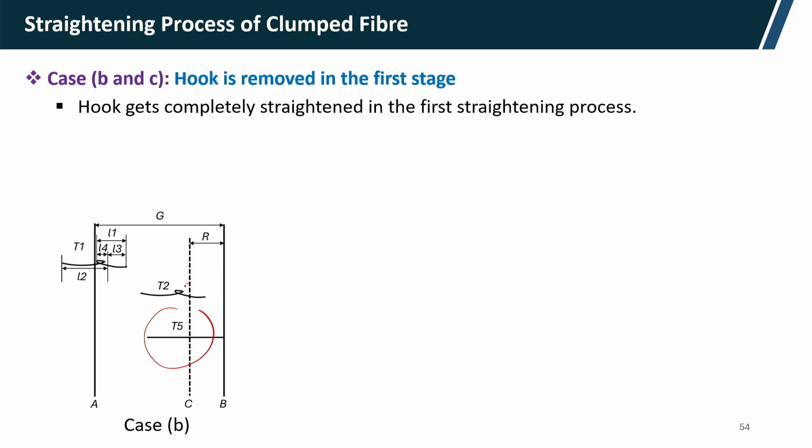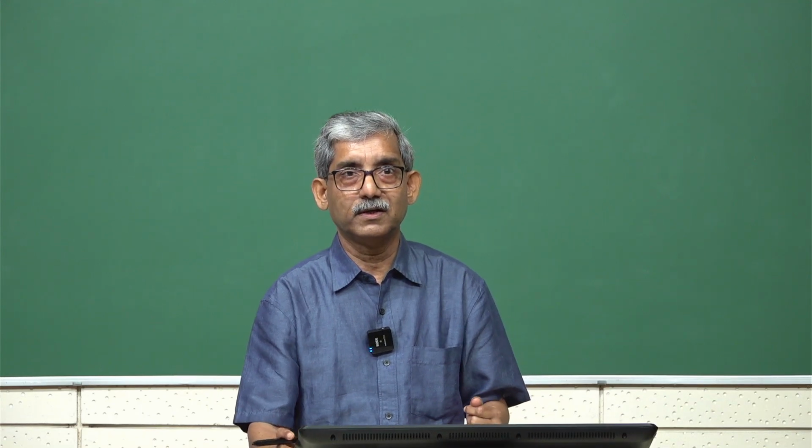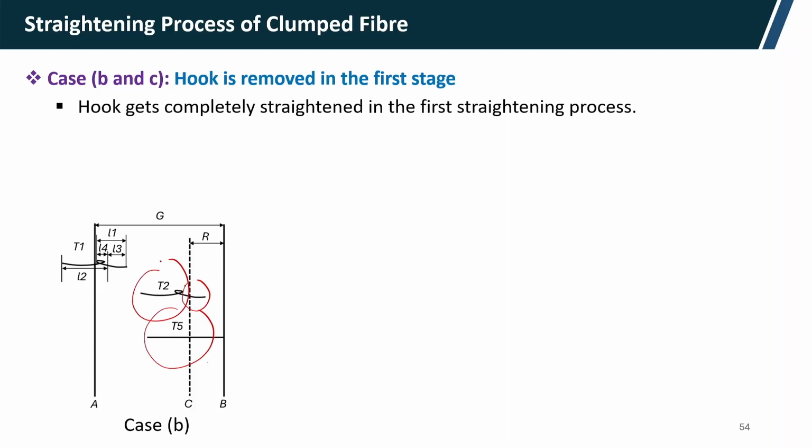The midpoint of the leading body is reached at the accelerating point, so it moves at the speed of the front roller, and the remaining part is moving at the back roller speed. So, it gets straightened.